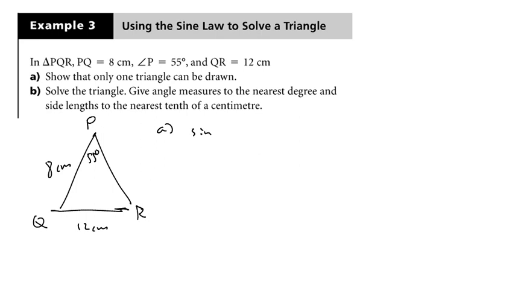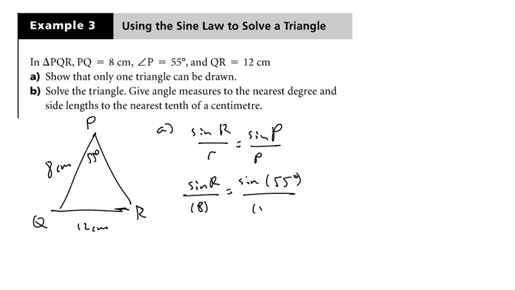So we'll have sine R over little r equals sine P over little p. We get sine R over 8 equals sine 55 over 12.